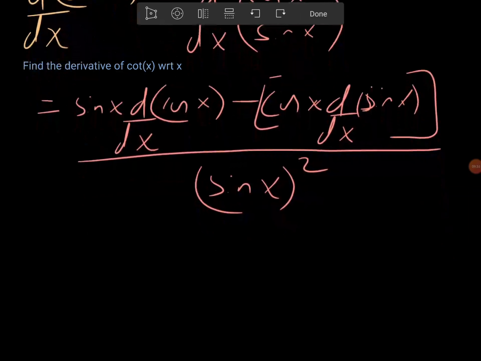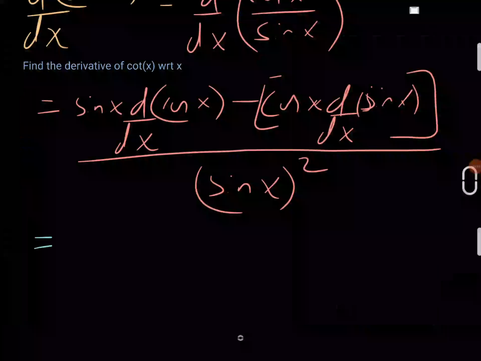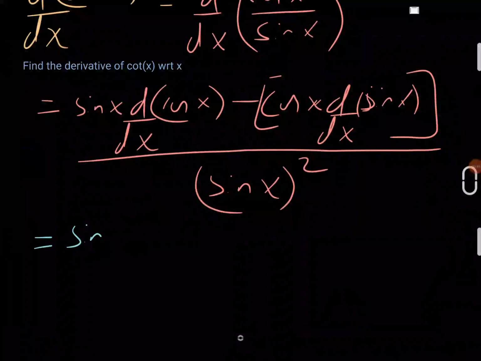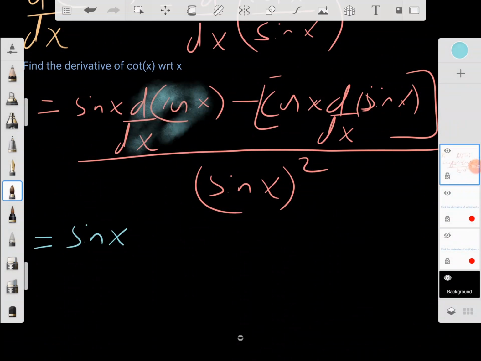Now let us solve that. So what will this be? This will be equal to sin x, and the differential of cos x is minus sin x.